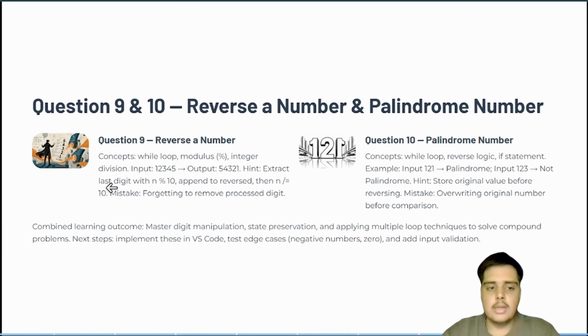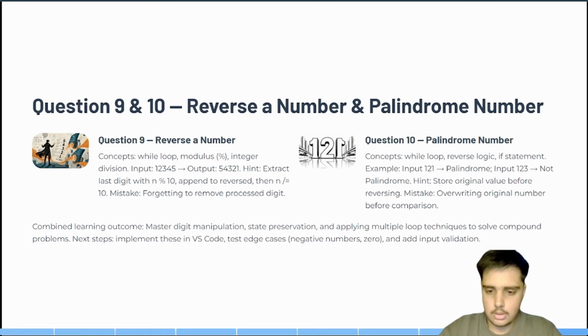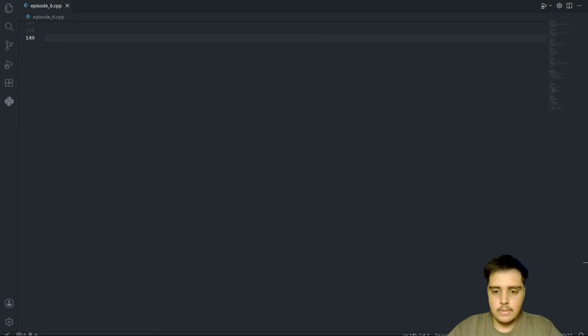So the hint is extract the last digit with n modulus 10 and append to reversed. Then n divided by equals 10. And the mistake is forgetting to remove the processed digit. So yeah, this is also a very advanced one, but we will do it.